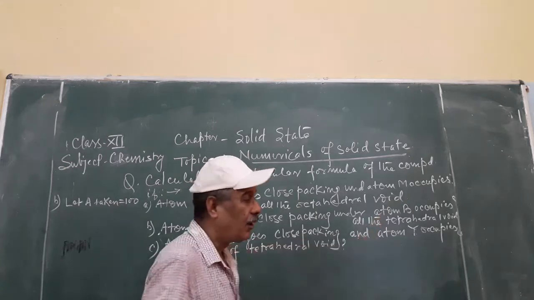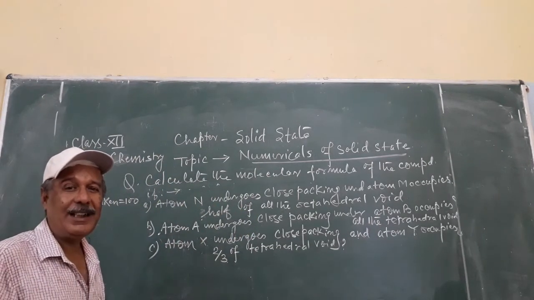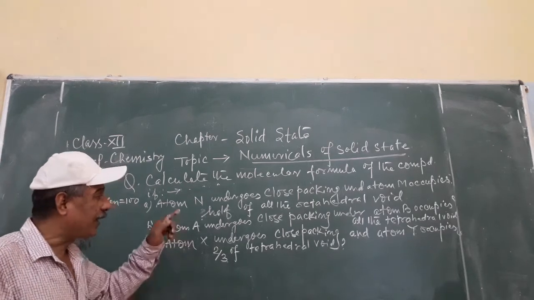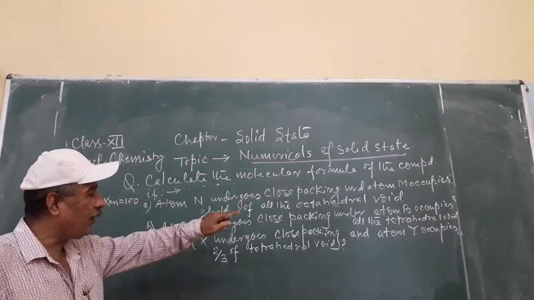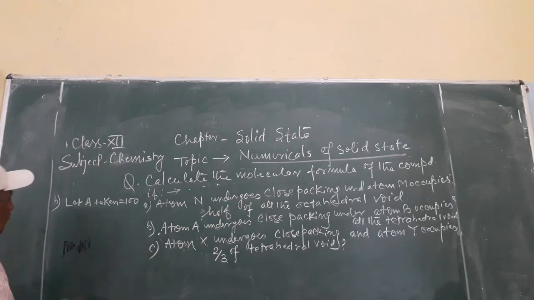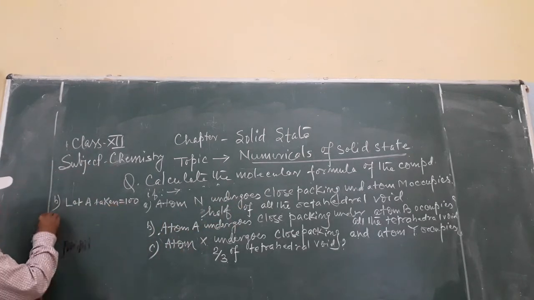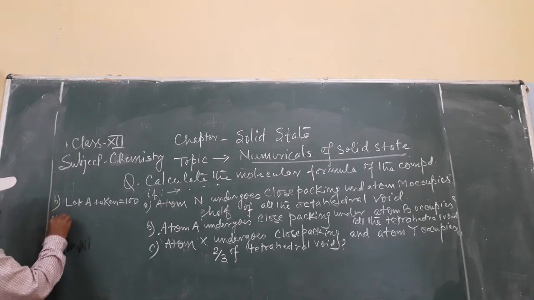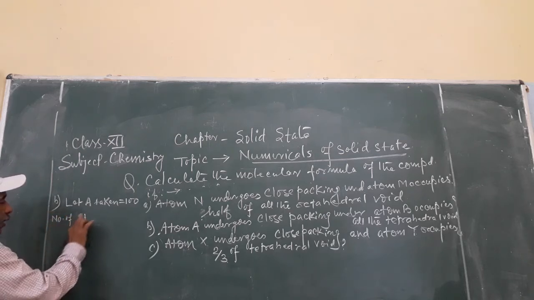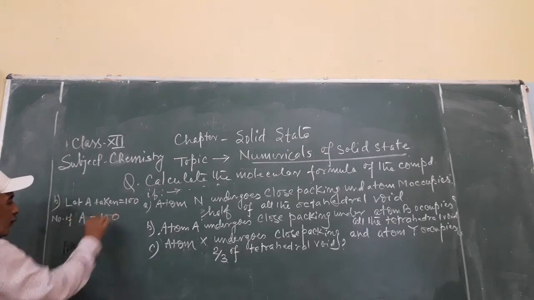Correct? So in the octahedral voids, nothing is given, which means all the octahedral voids are vacant. And in all the tetrahedral voids, which one is present? B. So if A taken is 100, the number of A will be 100.